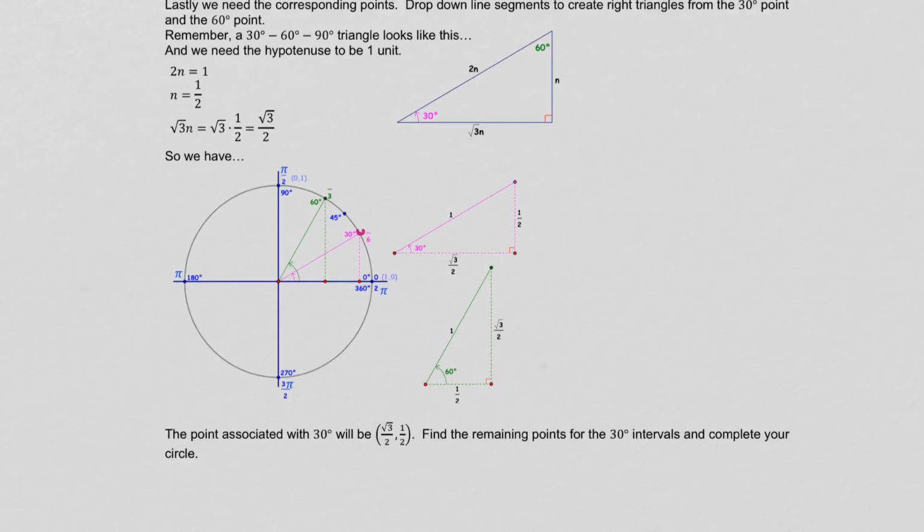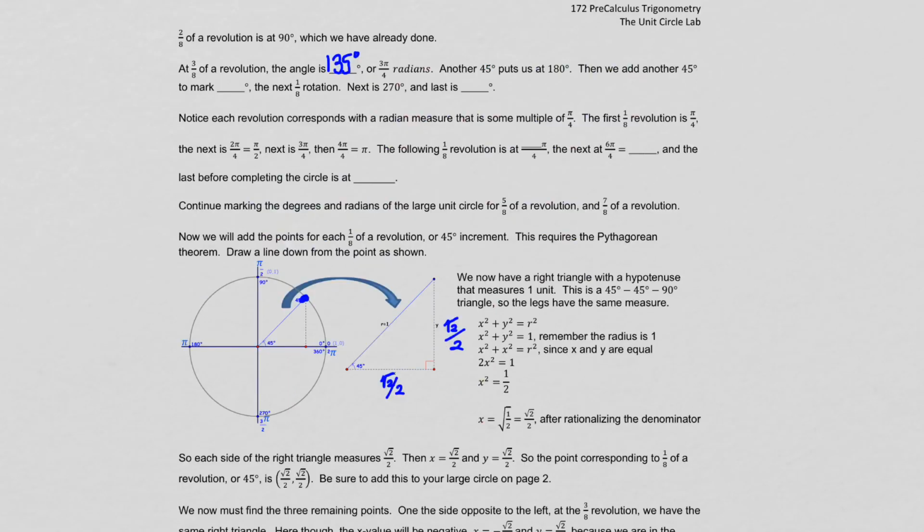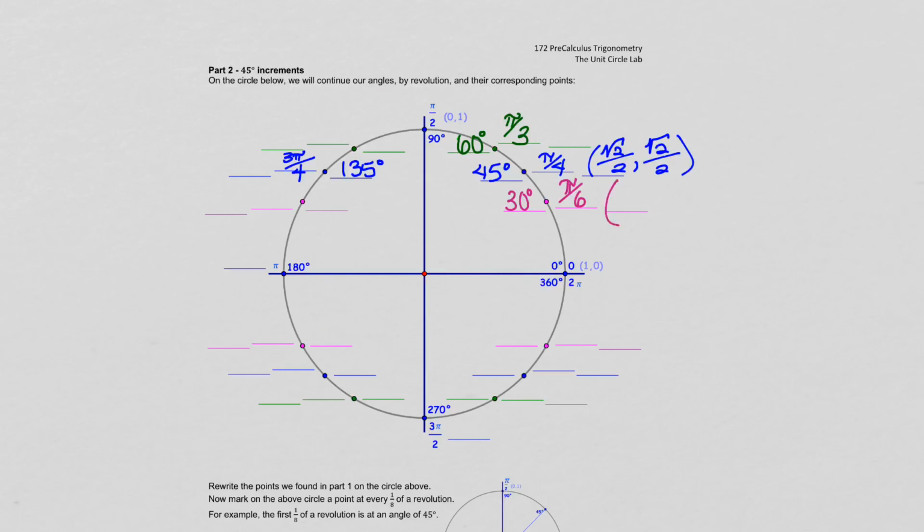So if we look at this point right here, then the x value is this value, root 3 over 2. And the y value is this value, 1/2. So we can go put that back on our circle. You can see the triangle if we drew it right there. The longer side is root 3 over 2, and the shorter is 1/2.